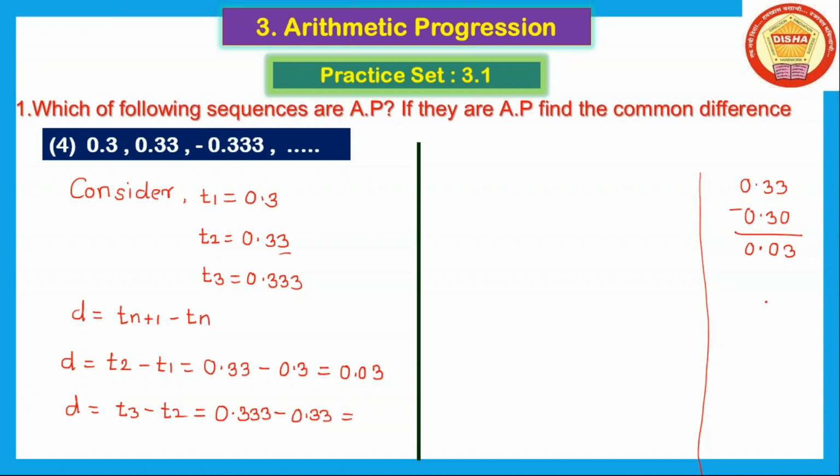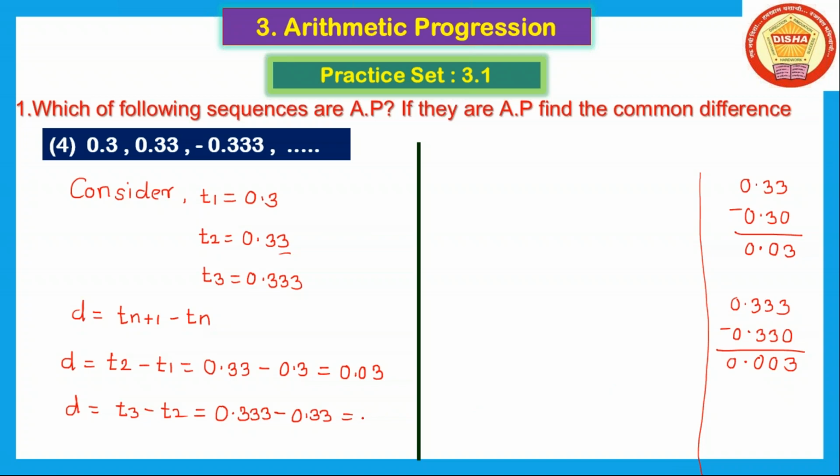Okay. Again here we are taking subtraction, means 0 minus 3, 3 minus 3, 0.33. Nothing is digit here, so we take 0. 3 minus 0 is 3. 3 minus 3 is 0. 3 minus 3 is 0. We take decimal point as it is.